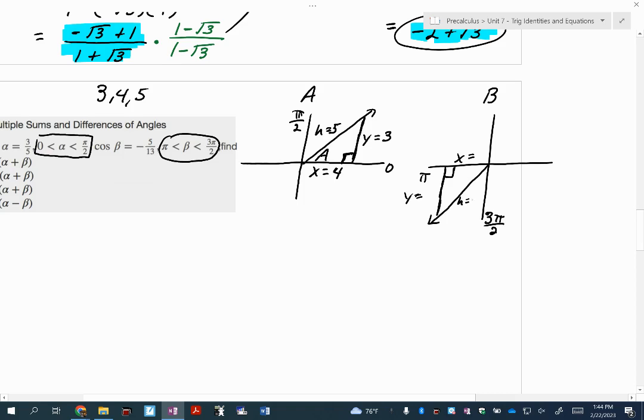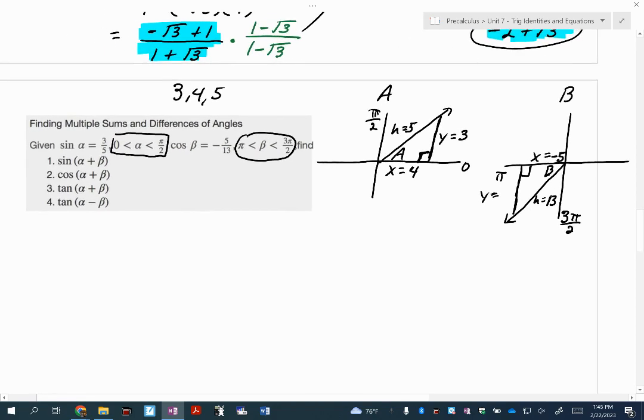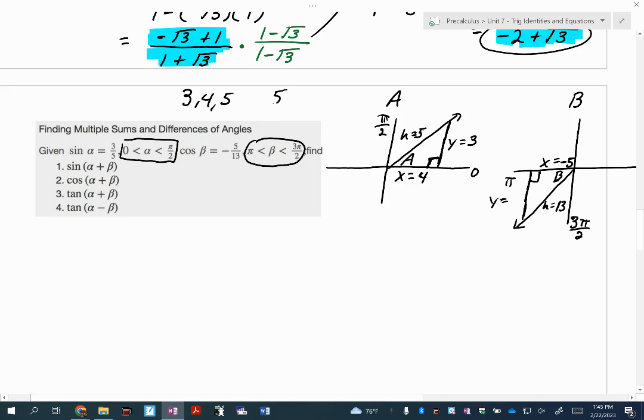I know the hypotenuse is always positive. So that's 13. But if you notice, my x is actually -5. My adjacent side from my angle B is going to be x. And if you knew your understanding from geometry, that's another special one, 5, 12, 13.